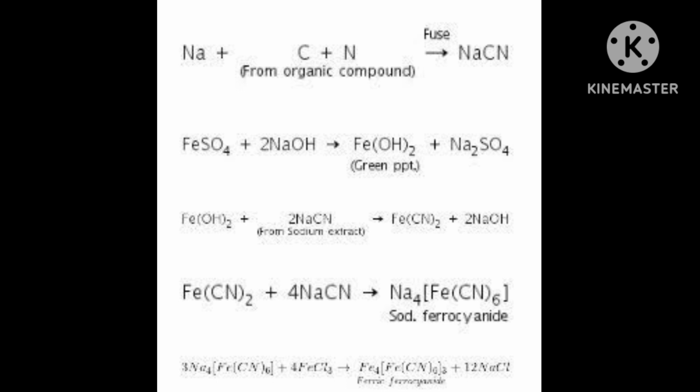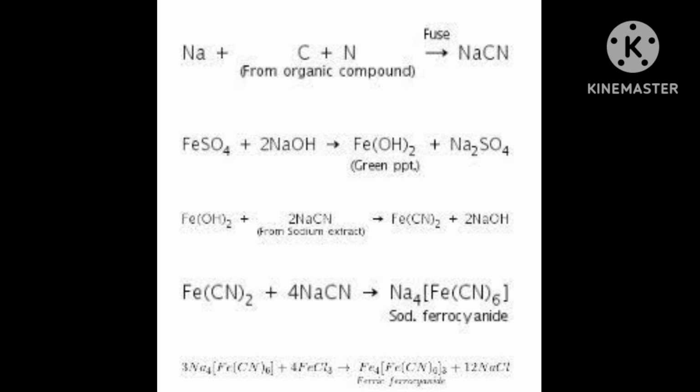You can write Prussian blue this way also: Fe4 outside, and in bracket Fe(CN)6.